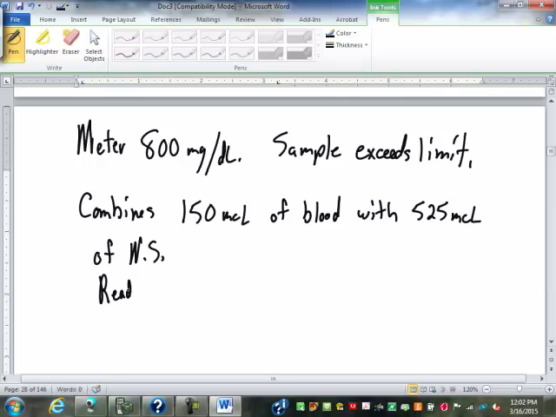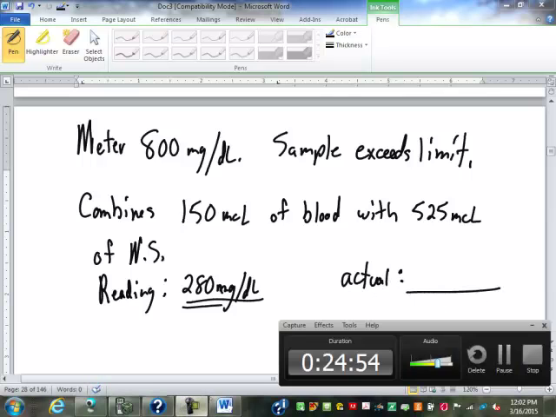The reading is 280 milligrams per deciliter. So go ahead and tell me, what is the actual result?